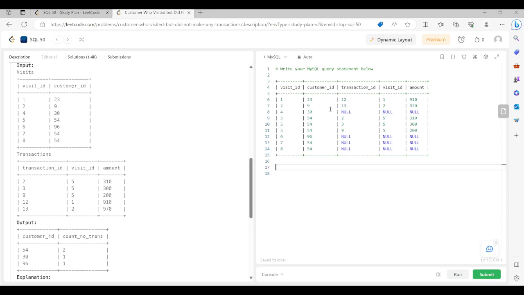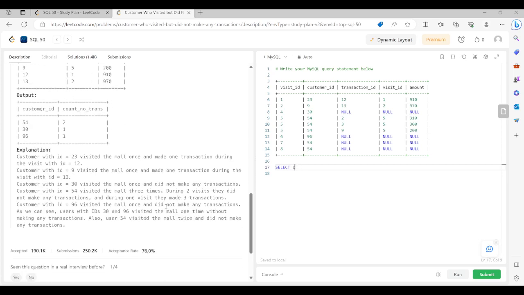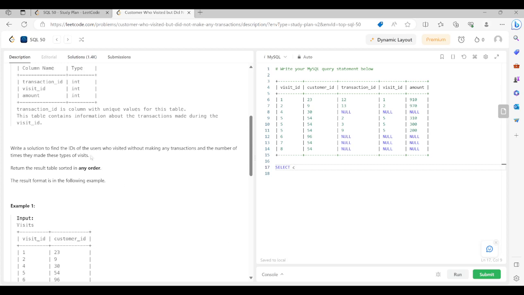Okay, so we do a left join first. We're supposed to select the customer ID and the number of IDs.